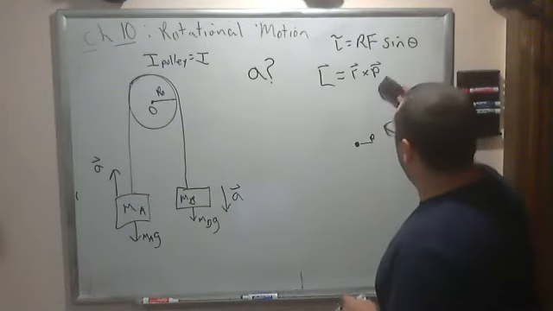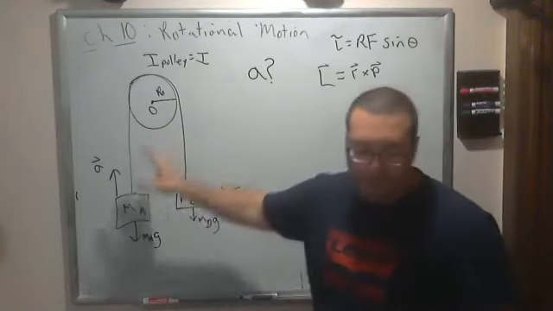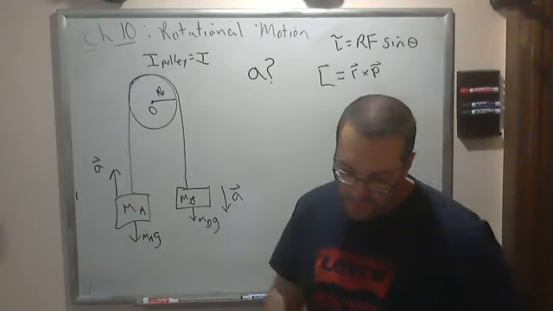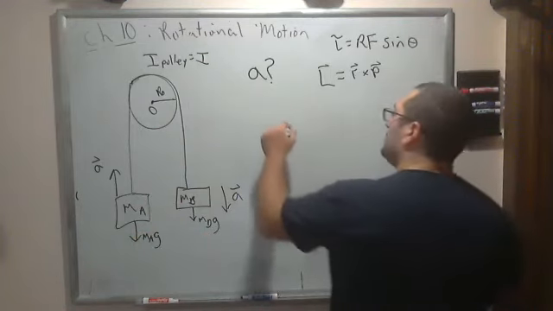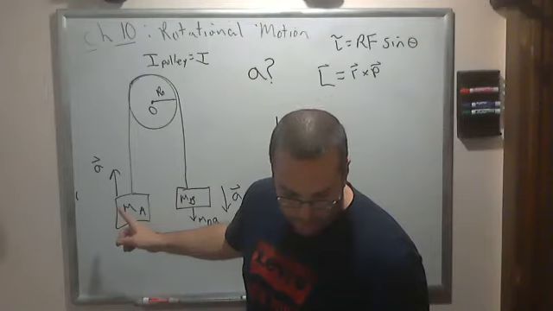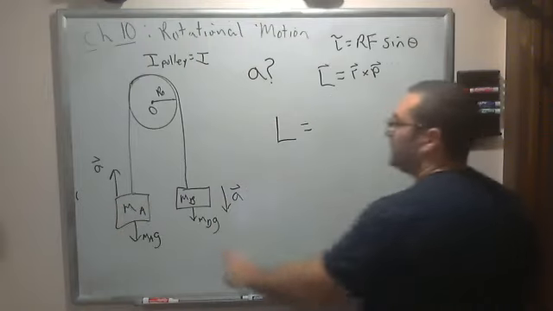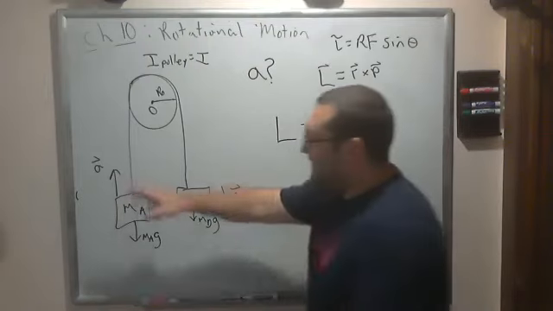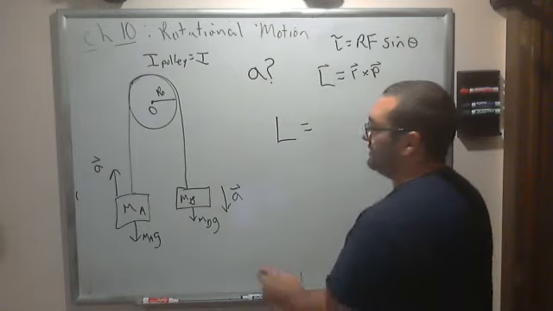So let's look at the total angular momentum of the system. This is moving upwards at any given point at some velocity.